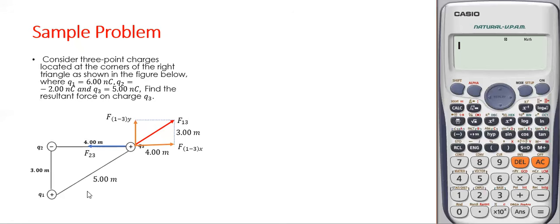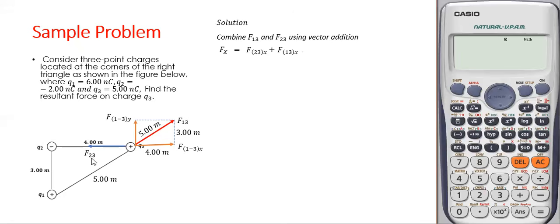At kung ang hypotenuse po nito ay 5 meters din po ang hypotenuse dito. Okay? Now, let's determine the summation of forces along X and summation of forces along Y by using vector addition. Okay? So, summation of forces along X, that is equal to force F2 to 3 along X plus force F1 to 3 along X.